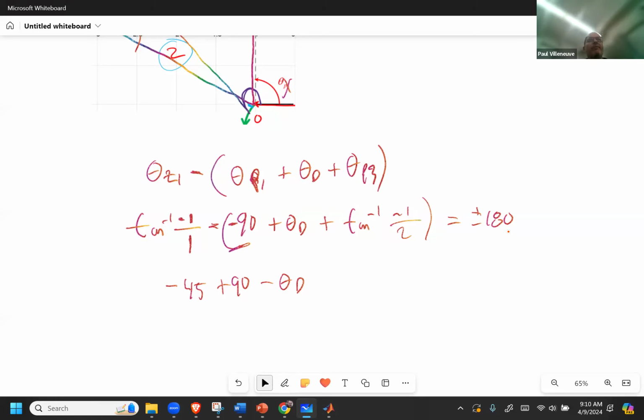When you have the 90, you get 31.5. So inverse tan of 1/2 can't be right, because inverse tan of 0.5 is going to be less than 45 degrees, right?